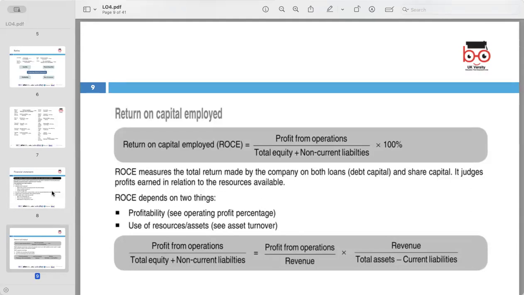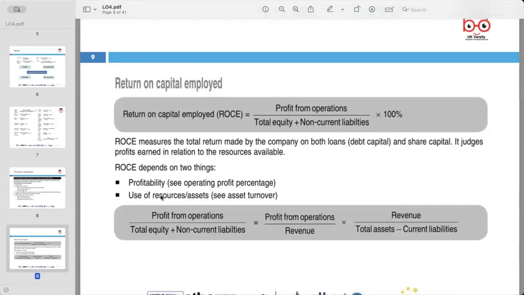ROCE is influenced by two primary factors: profitability and asset utilization. Profitability is assessed through metrics like operating profit percentage, which compares profit from operations to revenue.